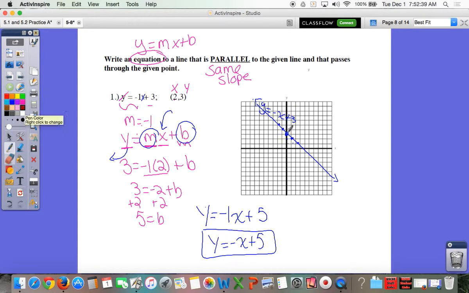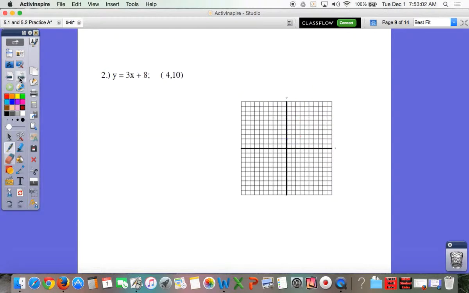So you could have gone up to 1, 2, 3, 4, 5. Down one, right one, up one, left one. And you can clearly see that they are parallel. y equals negative x plus 5. So you can always check by graphing. Your answer there is that equation.